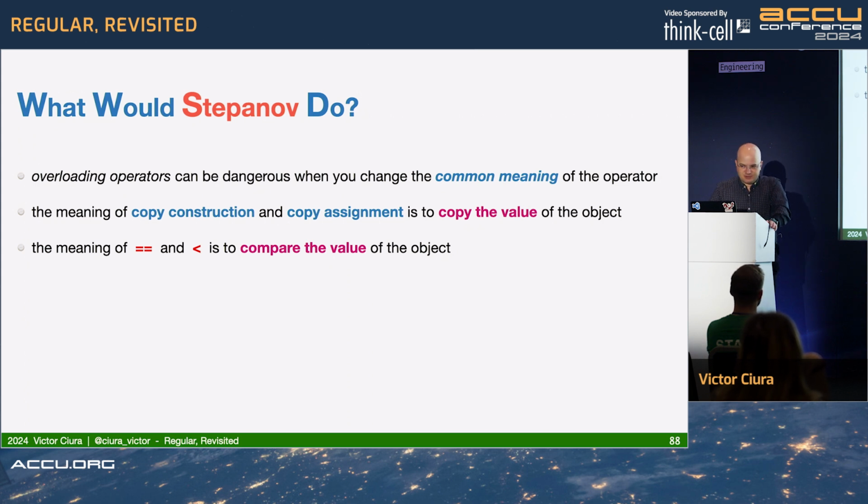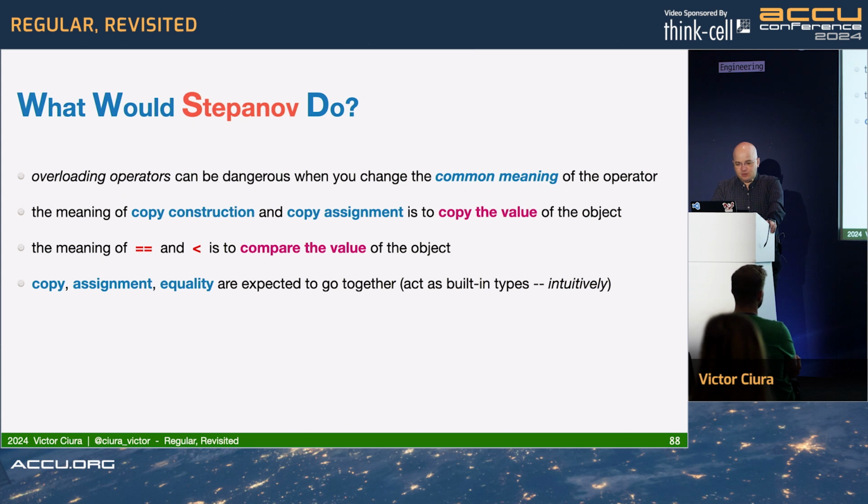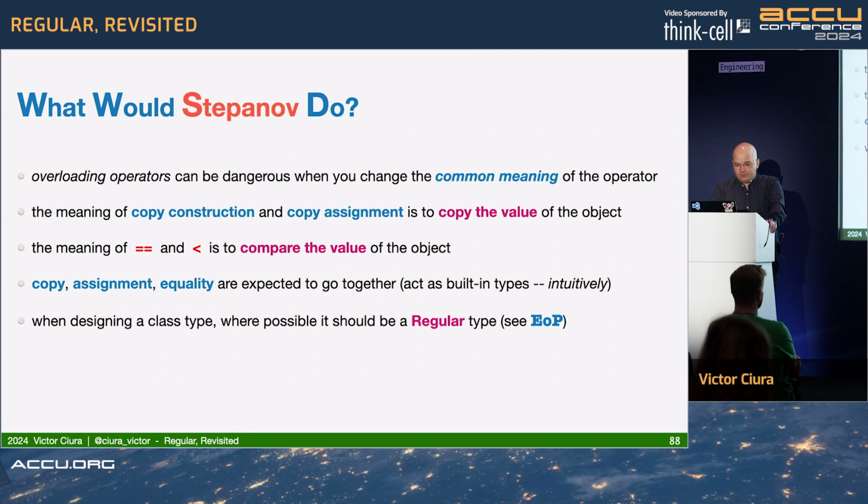Don't do something else when you implement these operations, like say operator equal and do something else. The meaning is to compare the value, not call some function that does something, right? That's what it's supposed to do. It's not supposed to have any other meaning or side effect. Copy assignment and equality are expected to go together and act as built-in types. Where possible, when designing types, design them as regular, right?